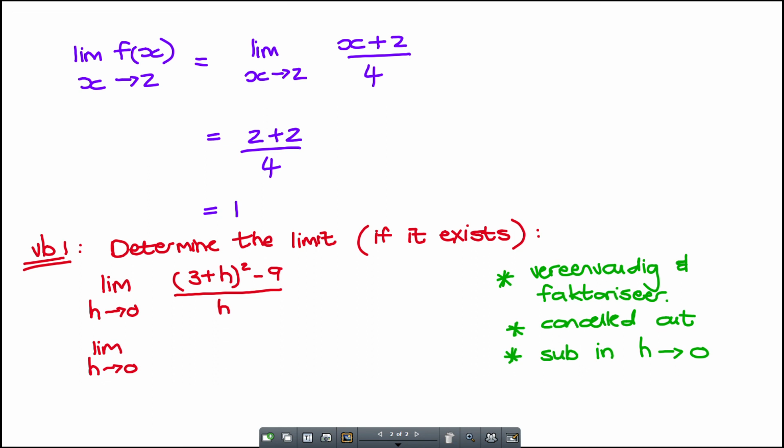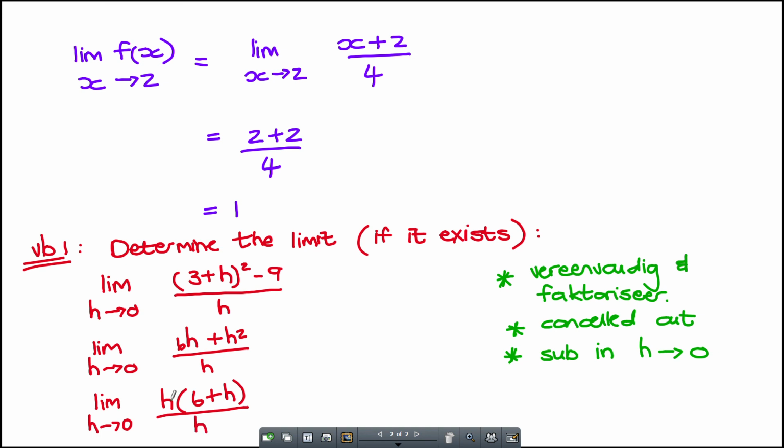Okay, right. So you would have had 9 plus 6h plus h squared minus 9, but that 9 and the minus 9 cancel each other out. So you would actually have had 6h plus h squared over h. And then again limit h strives towards 0, then we take out h as a common factor, so 6 plus h over h, because now I have factorized.